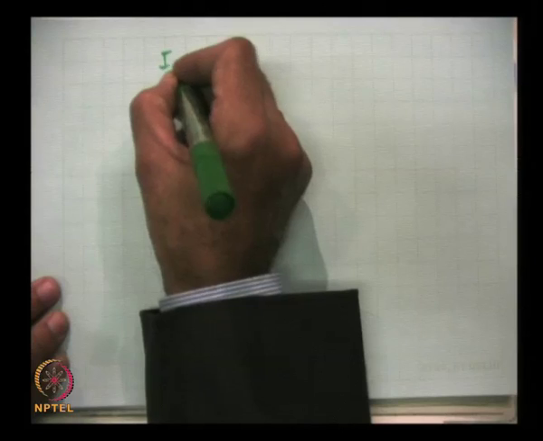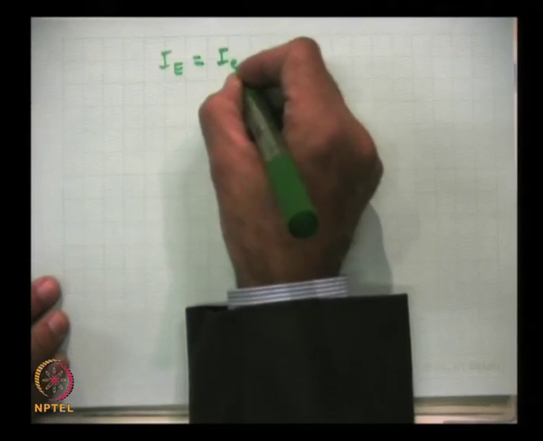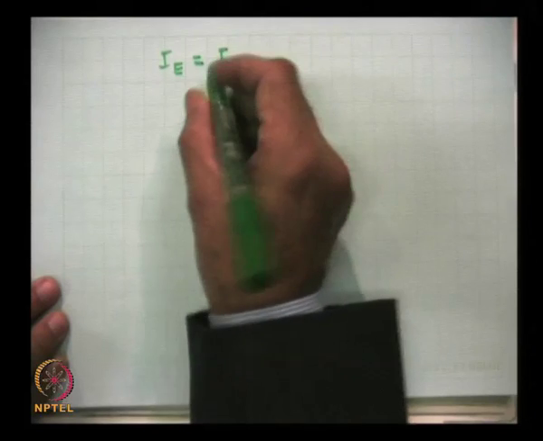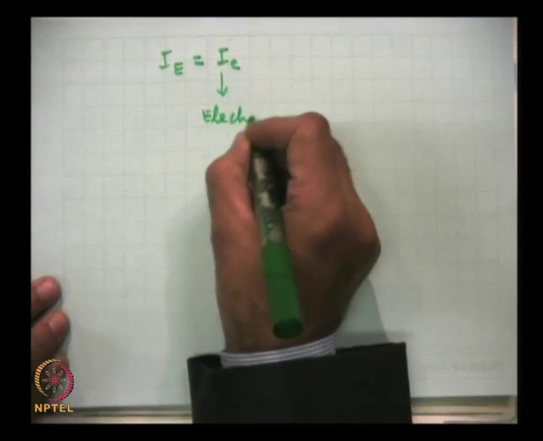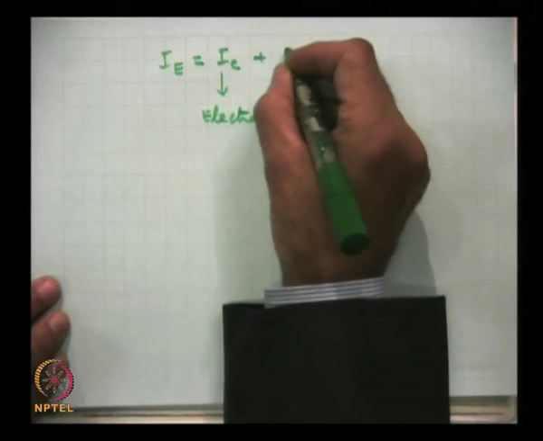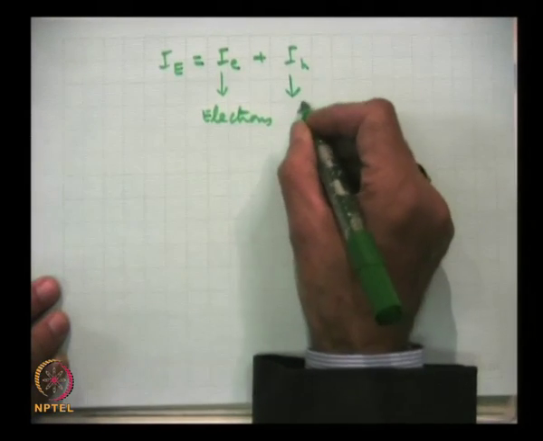Hence the emitter current has two components: I e because of electrons, plus I h, due to holes.